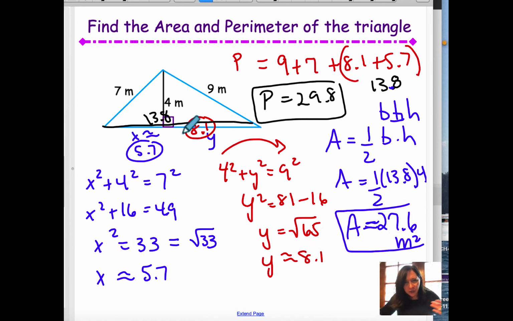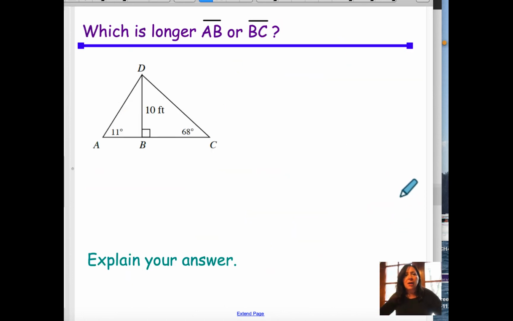So I'm going to say tangent of 68 degrees is equal to opposite over adjacent. And I'm going to cross multiply. I'm going to get y times tangent of 68 equals 10. y equals 10 divided by tangent of 68. And then I'm going to type this into my calculator again.